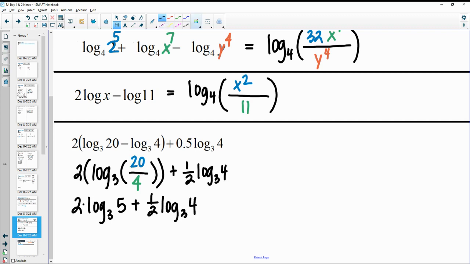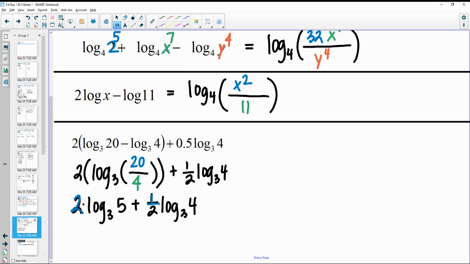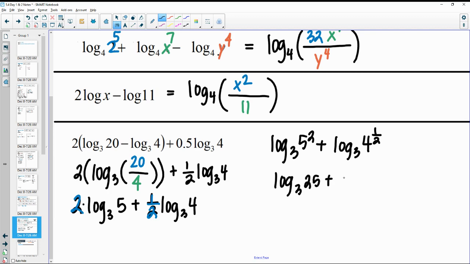So now we can take these front numbers here and we can move them up as exponents. So we've got in this first one log base 3 of 5 squared, and then we have plus log base 3 of 4 to the 1/2 power. So 5 squared is 25, and 4 to the 1/2 power, that's the square root of 4, that's just 2.